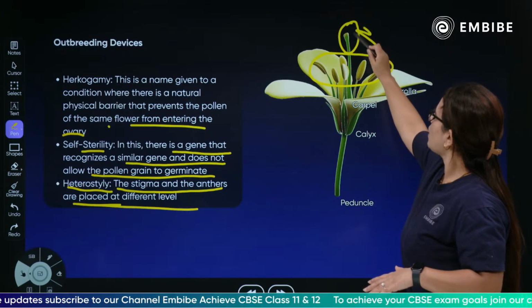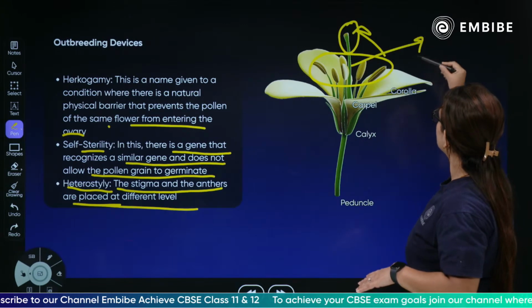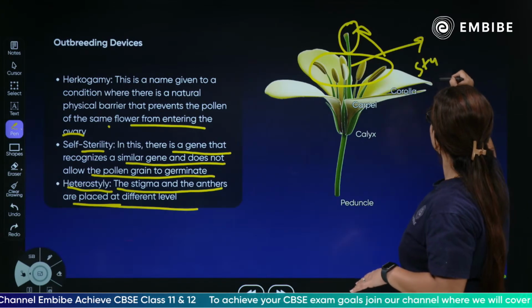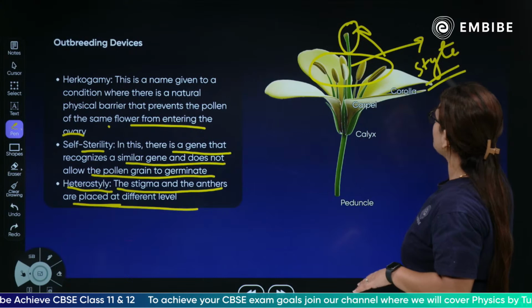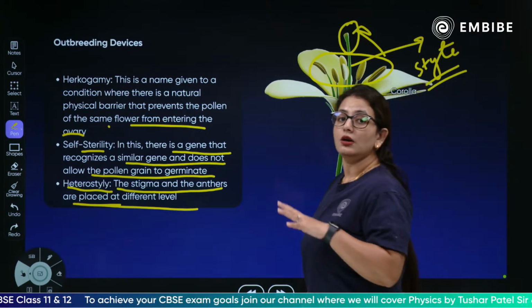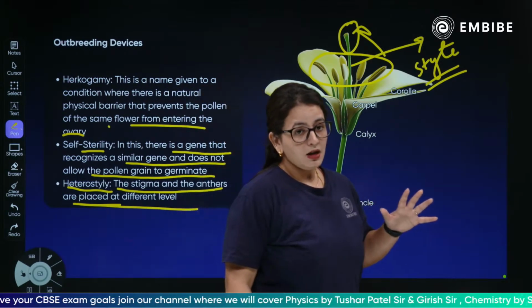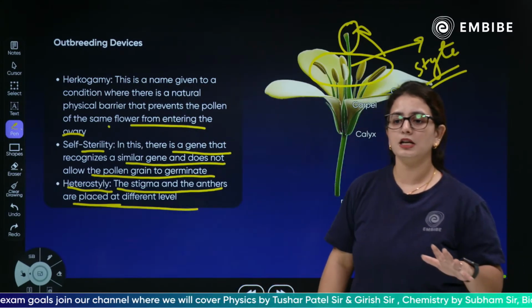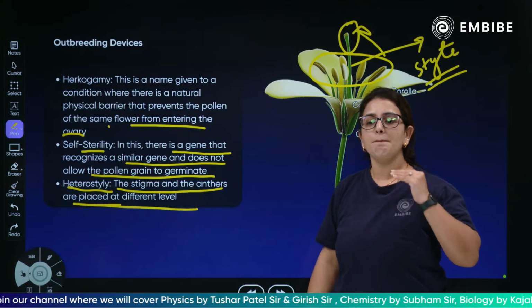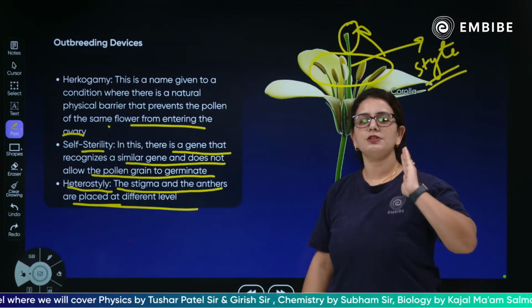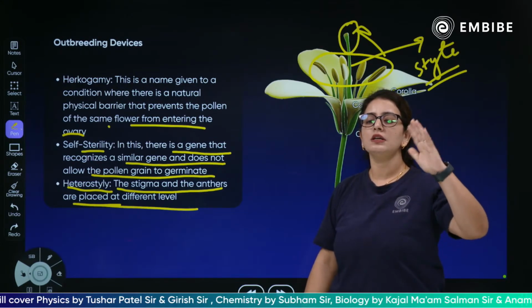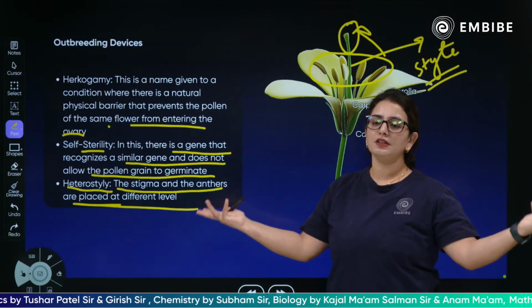Heterostyly means the style part of the gynoecium, the pistil, increases so long that it does not come in contact with the anther.